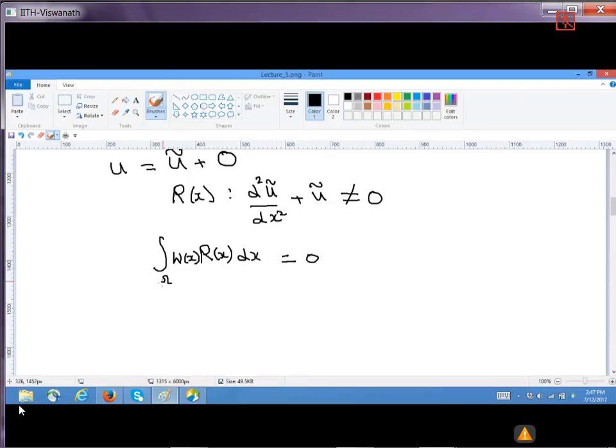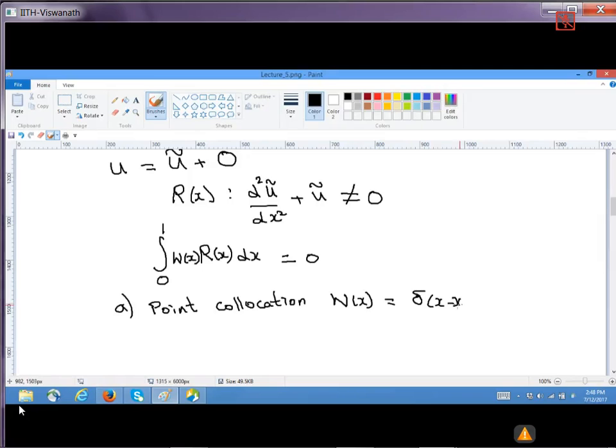So in our case, our omega is from 0 to 1. Okay, and for point collocation, W of x is nothing but a delta function of x minus xi.